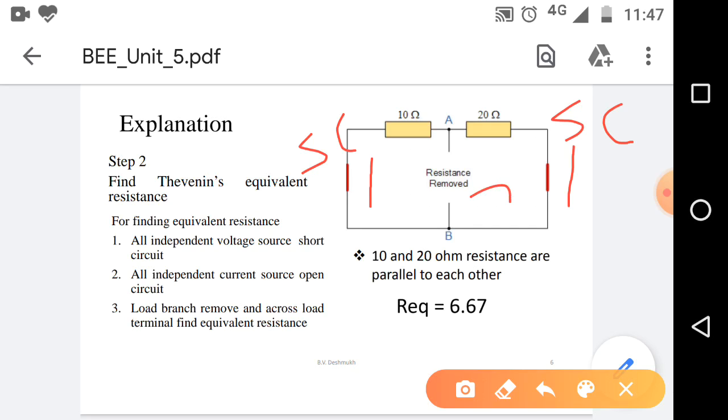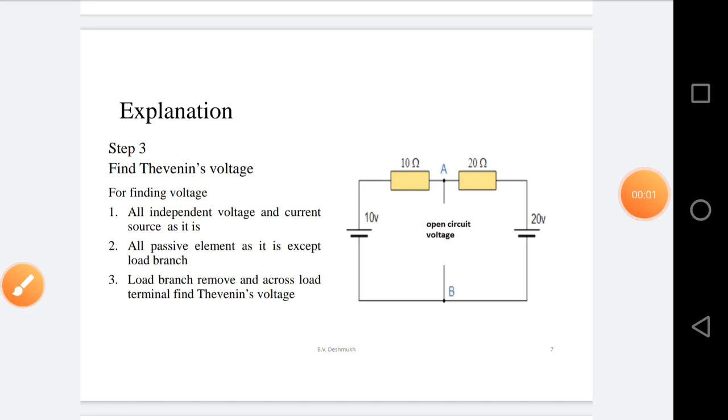Now find the equivalent resistance across the AB terminal. The 10 ohm and 20 ohm resistances are connected in parallel. Solving them, we get an equivalent resistance of 6.66 ohm.